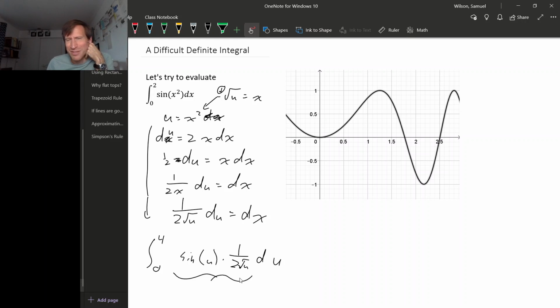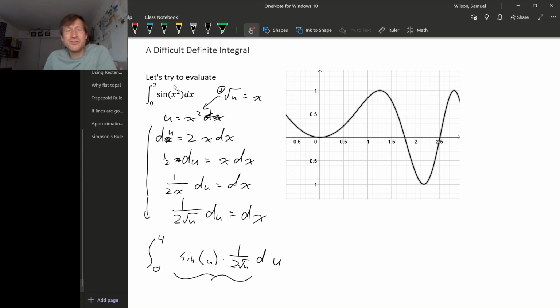There are things to try, I guess we could try integration by parts, but it turns out that no matter what you try with this definite integral, you won't be able to find a formula for an antiderivative of this function. So we're kind of stuck, because our usual tool for evaluating definite integrals, the fundamental theorem of calculus, doesn't do us any good, since we can't find an antiderivative.